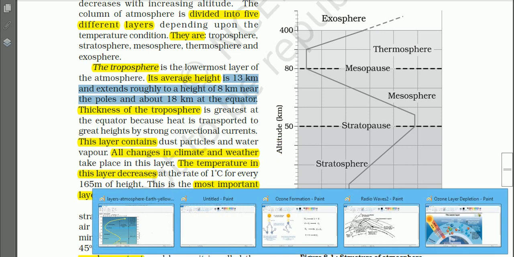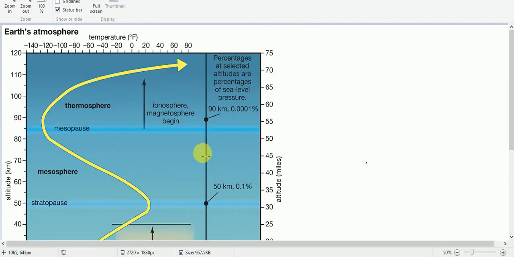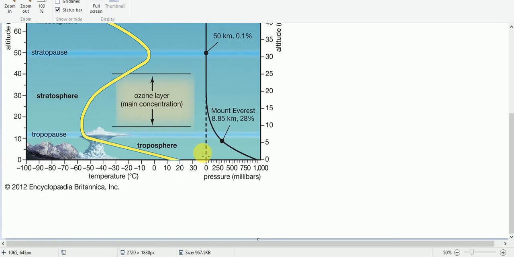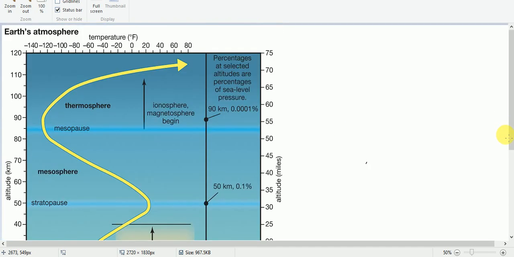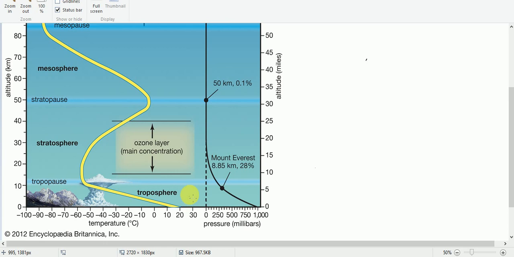See, we have one more diagram here showing the structure of the Ionosphere. This is the lowest layer of the Ionosphere, known as troposphere, as mentioned in the book.